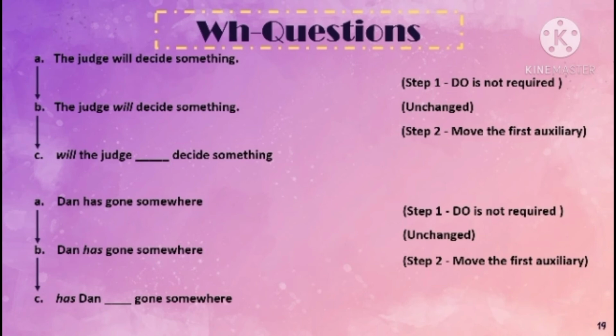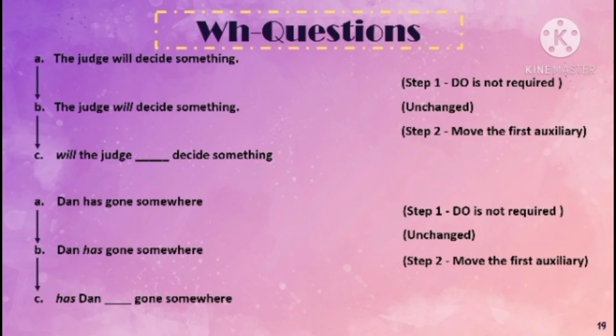The next step is to move the first auxiliary, which is the word will, to the first part of the sentence. We are going to have: will the judge decide something? And it is noticeable that we already formed a yes or no question. But afterwards, this yes or no question will be transformed into a WH question.